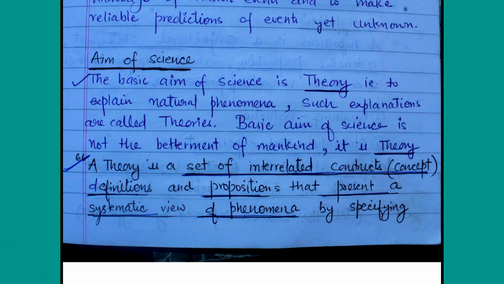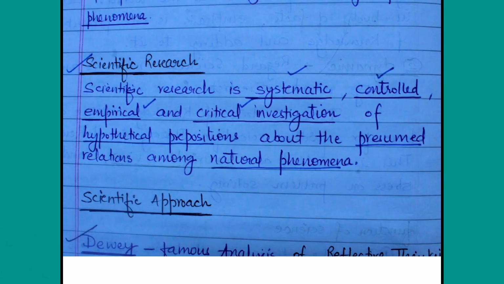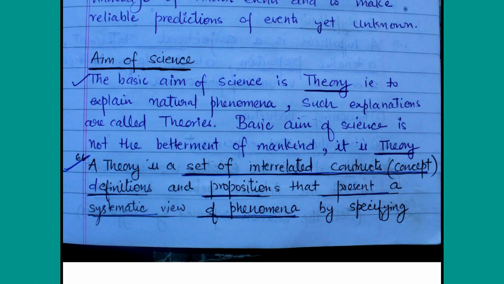It's a set of interrelated construct and concept definitions, propositions that present a systematic view of phenomena by specifying the research methodology, research design involved in that part, right? Please note that systematic view. Systematic view means you have a valid method of measuring a particular test.